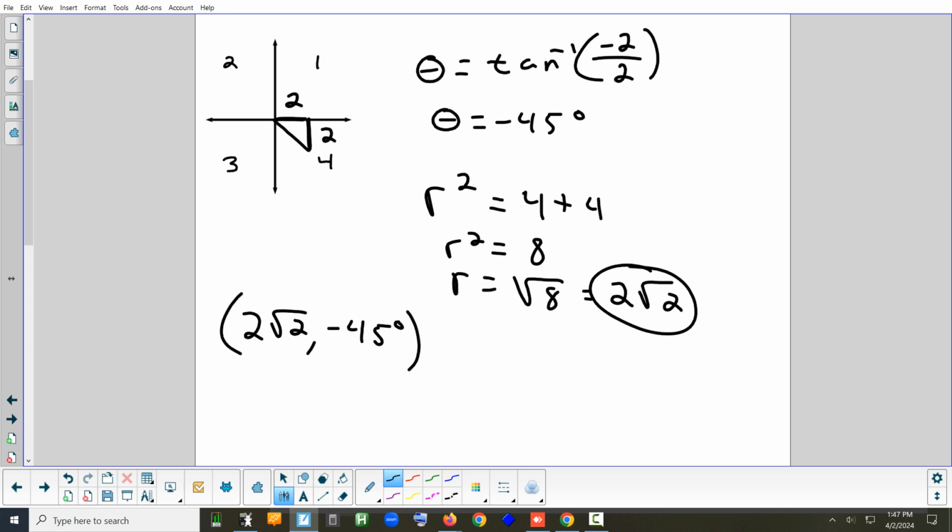Yeah, there's 4 different ways. So this is go right and then go clockwise. What if I wanted to go right and go counterclockwise? What's negative 45 the same as? In degrees? Yeah, 315.